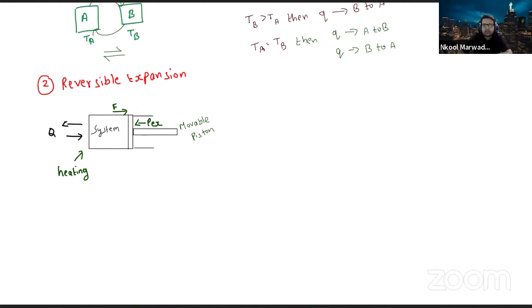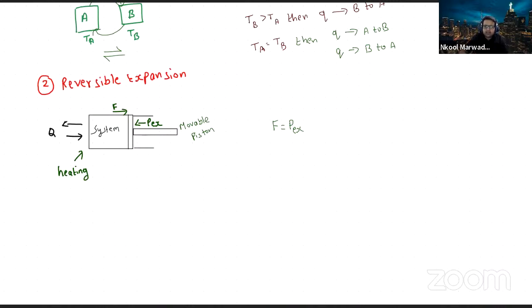We say that here F is equal to Px, where Px is the external pressure, and F is the force exerted by the system on the surroundings, and Px is the force exerted by the surroundings on the system. We say that both are equal, but in reality there is a very slight difference, because of which a net force will be acting.